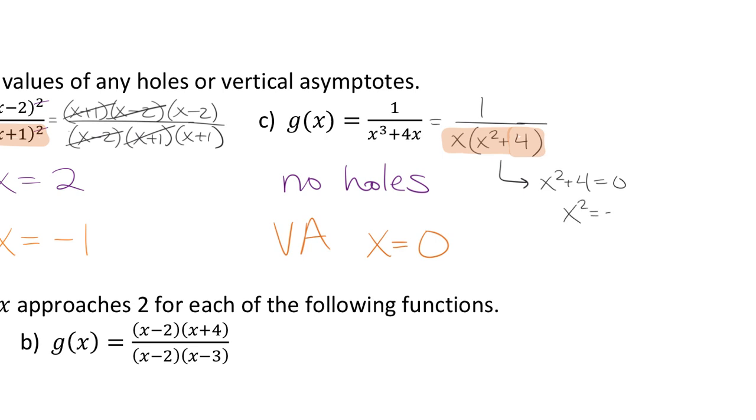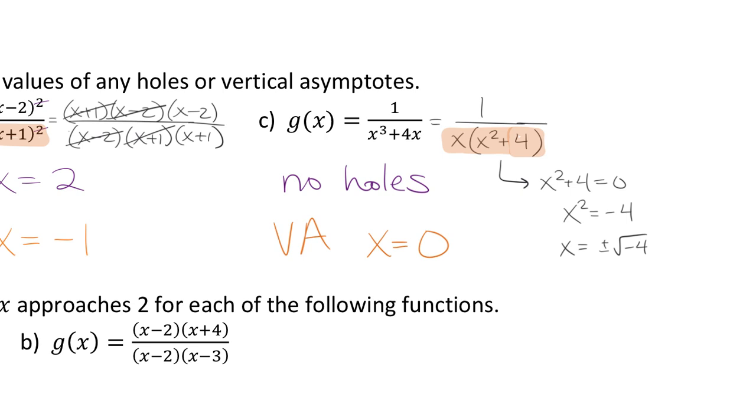If we subtract 4 from both sides to start solving for x, how do I get that x squared to just be a single x? Square root it. Ooh, what? I'm square rooting a negative number? Can you square root a negative number? No, you can put i. We'd have to use i.